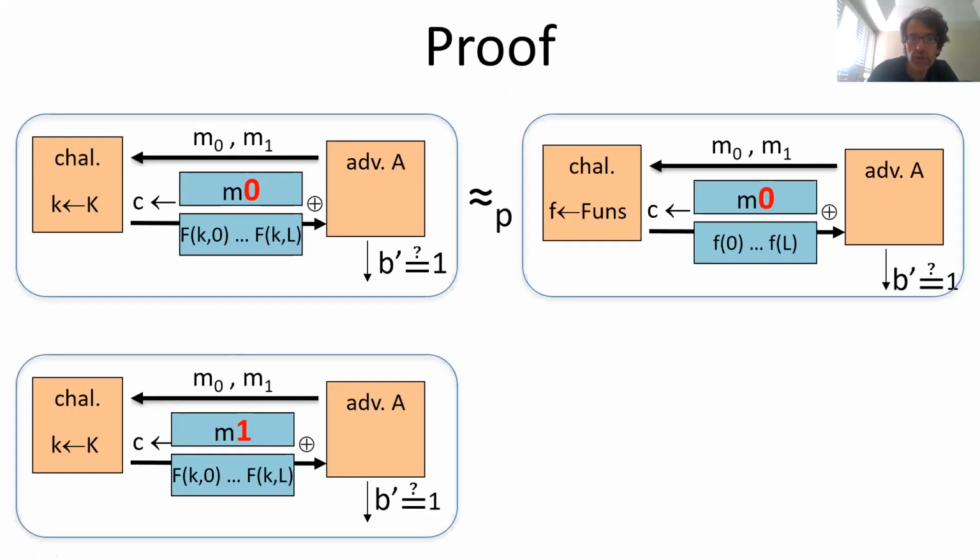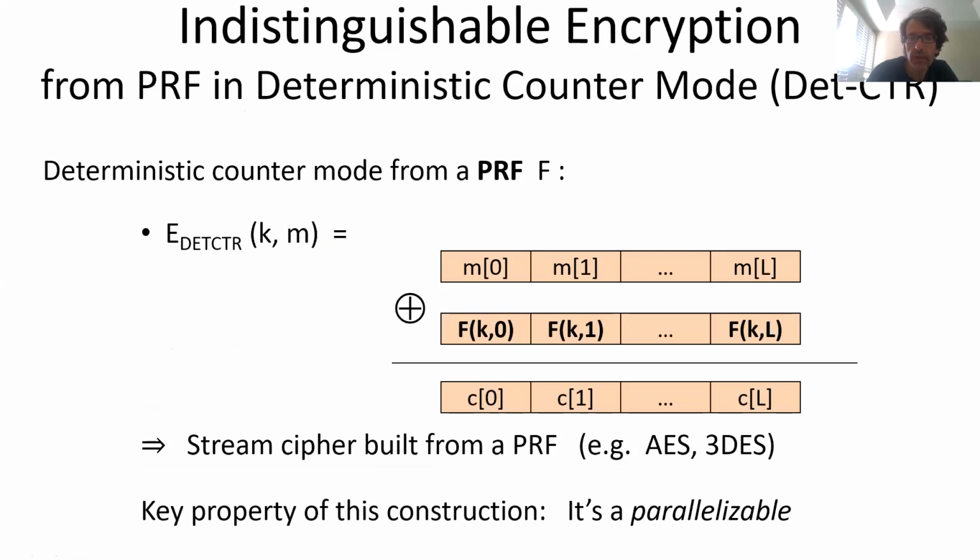But a word of caution: deterministic counter mode, as the name suggests, is deterministic. There is no randomness here, right? If I have a key and a message, I have a deterministic procedure.